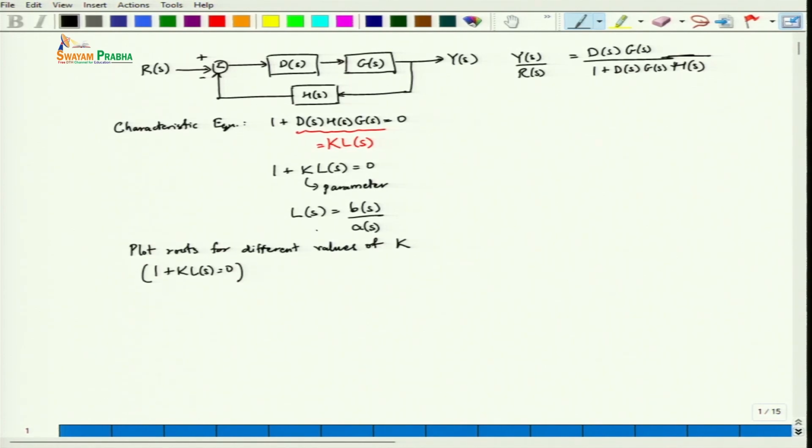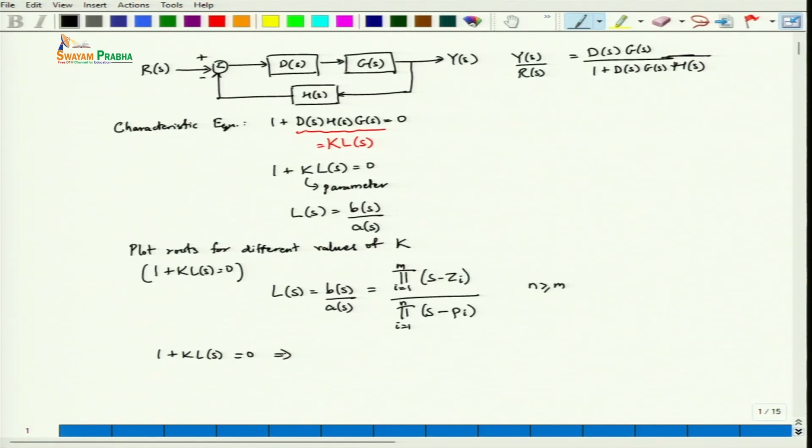Now, we can take this transfer function L of S, and since it's B of S by A of S, this can be expressed as the multiplication of the M zeros divided by the multiplication of the N poles, and basically N is greater than or equal to M. So, for example, 1 plus K L of S is equal to 0.